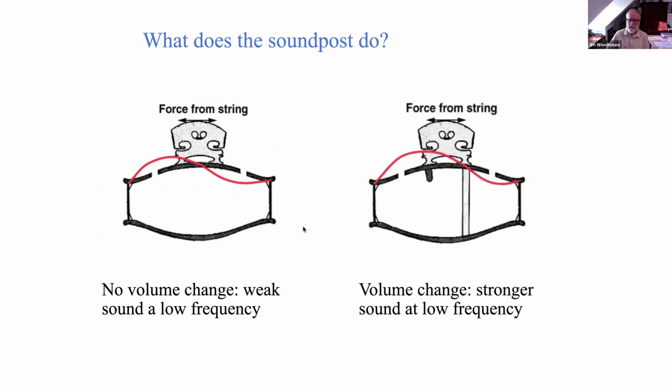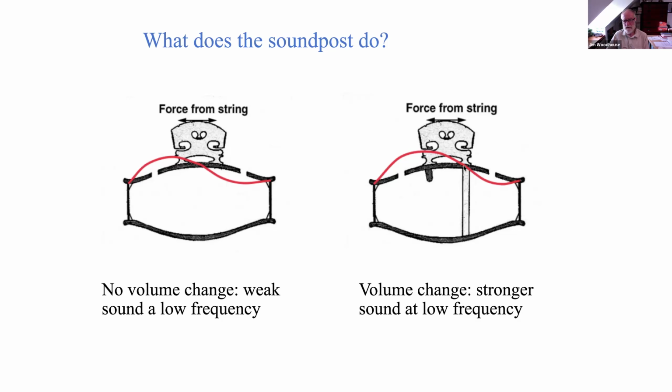You put in a soundpost, and the bass bar contributes as well, but especially the soundpost. And the simplest way to think about that is the soundpost creates a hard point on the top, more or less under the one foot of the bridge. So you apply the same transverse force from the string. The bridge still rocks, but instead of rocking about the middle of the top, it tends to rock around the soundpost.